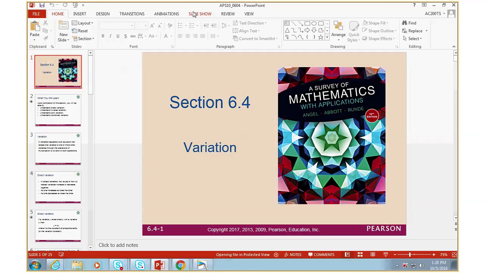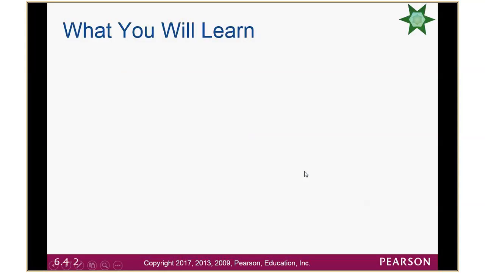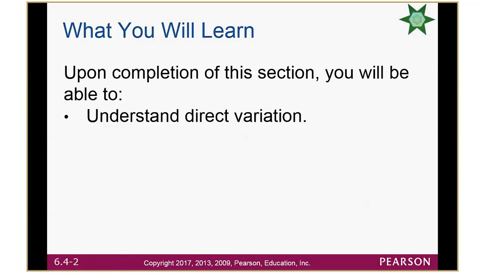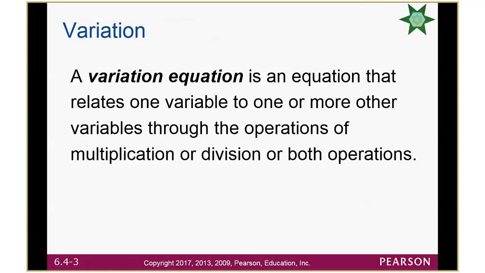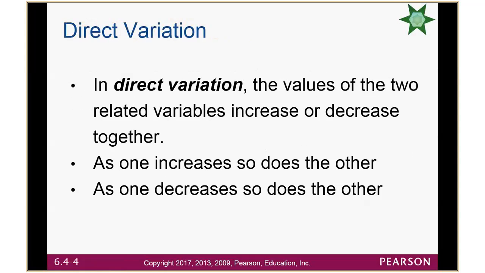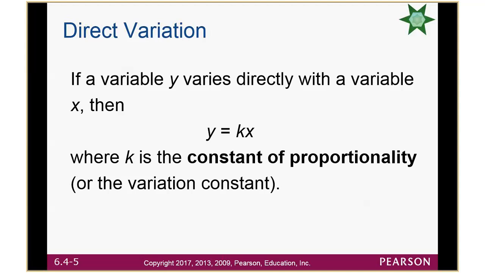And variation is using K. Now there's several different types of variation. There's K, okay? Write that down. This is called direct variation. So write down the words direct variation and then put out to the side, y is equal to K times X.